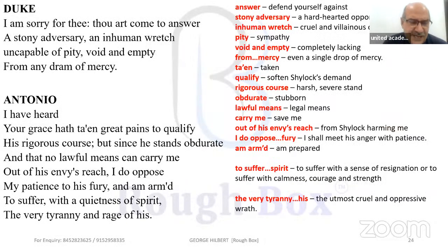Since he is very stubborn and determined to take my pound of flesh, and since nobody can save me from him legally, I am ready. Okay. And with a lot of patience and quietness and calm, I kind of resign myself to my fate, whatever may be the case. I am ready to face his cruelty and oppression face on.